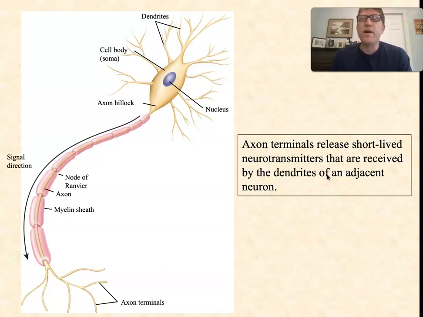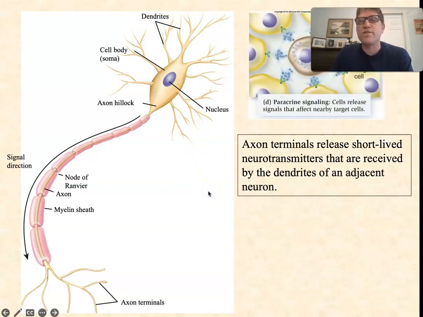This is an example of paracrine signaling, where the signal is released by one cell type, travels a very, very short distance to the dendrites of the next cell that are entangled within it. Paracrine signaling, we have a whole paracrine system. So this is paracrine signaling, where cells release signals that only affect cells that are very close by. They don't travel very long distances.